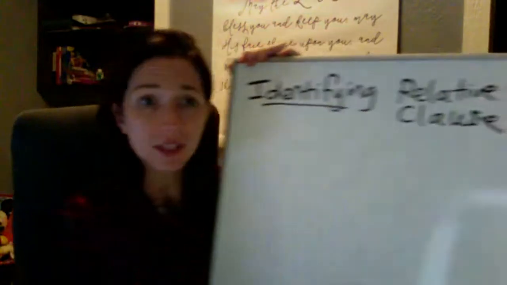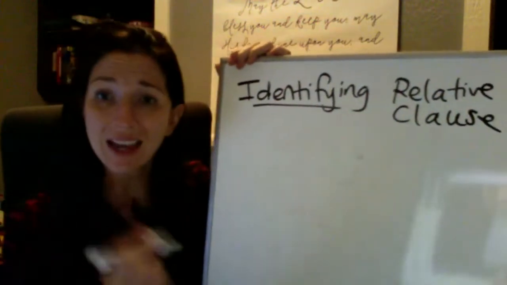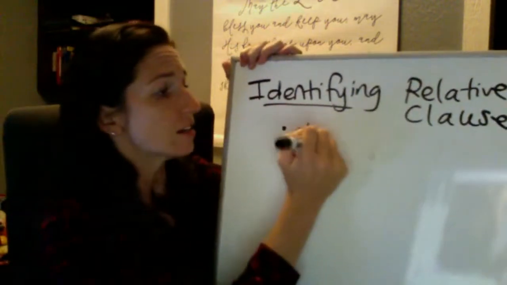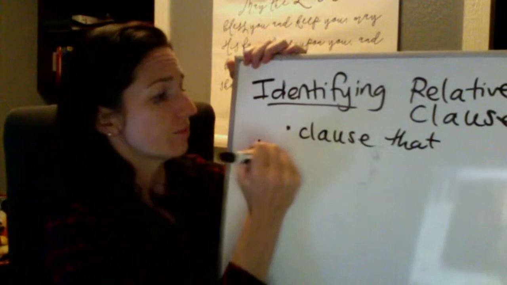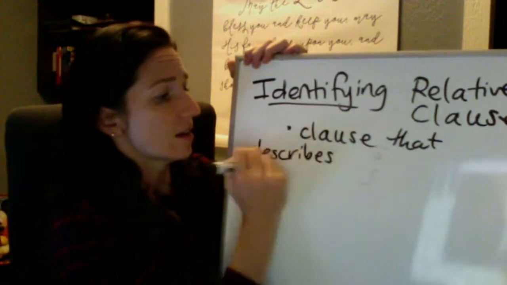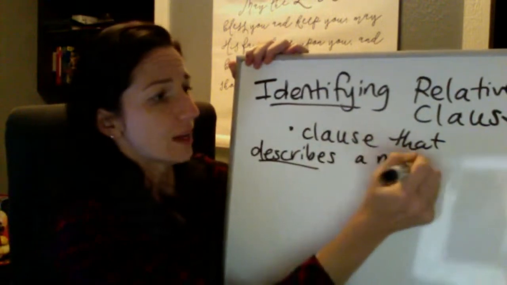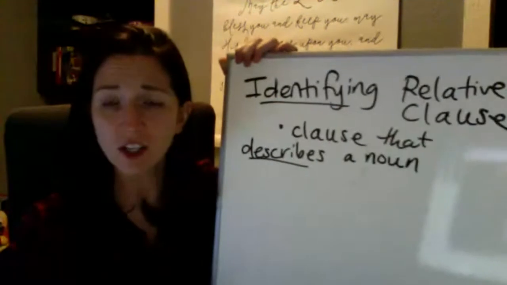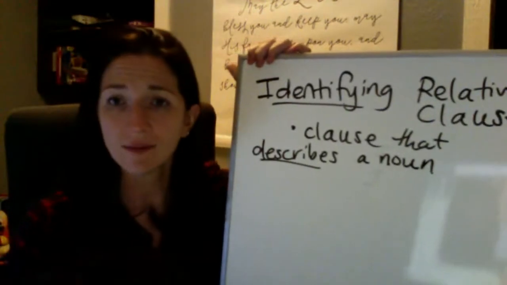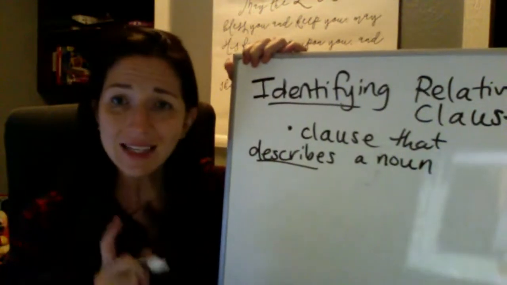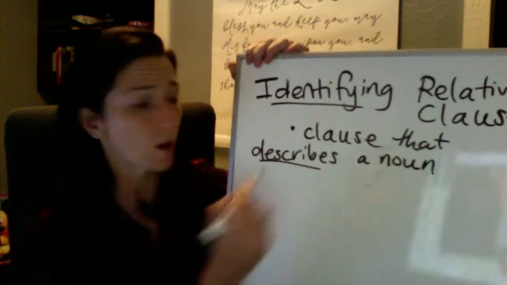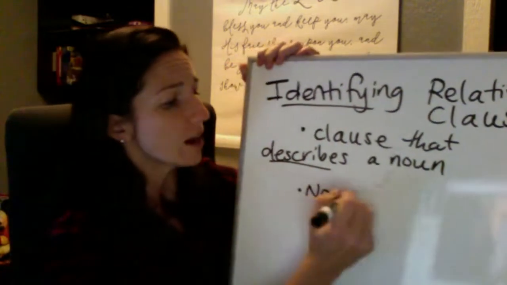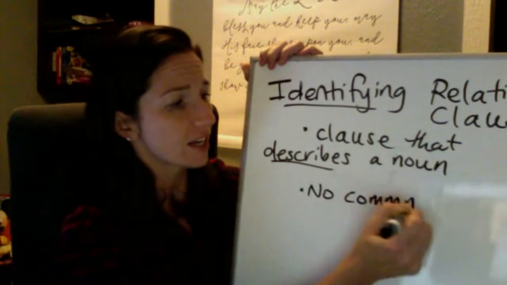It describes a noun. It usually answers the question, which one? Because it's acting like an adjective to tell us which one, we do not use commas. I want you to remember that for this section.